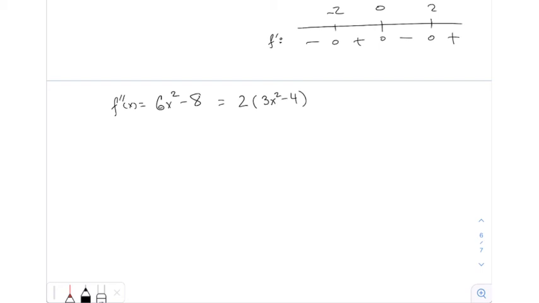When I set that equal to 0, it says 3x squared minus 4 equals 0. I add the 4. 3x squared equals 4. I divide by 3. x squared equals 4/3. And then I take the square root, and I get x equals plus or minus square root 4/3. This is an annoying number.